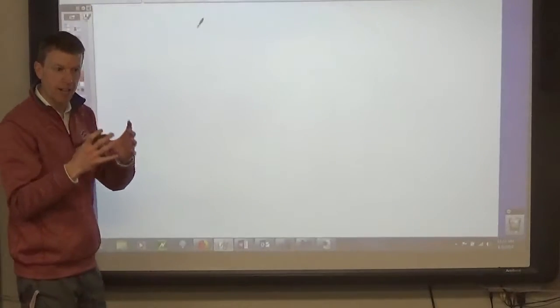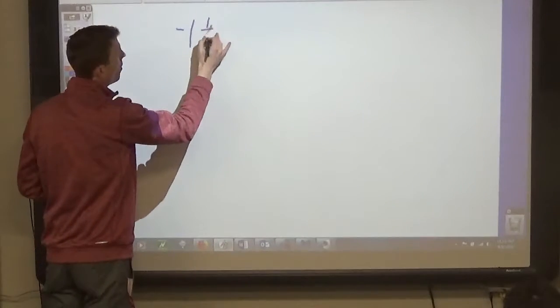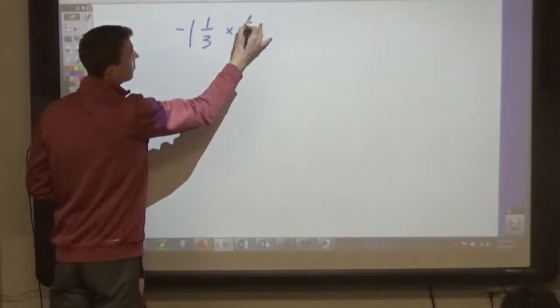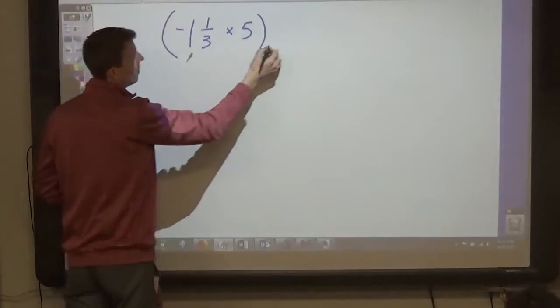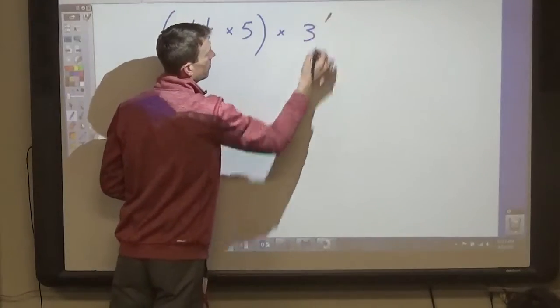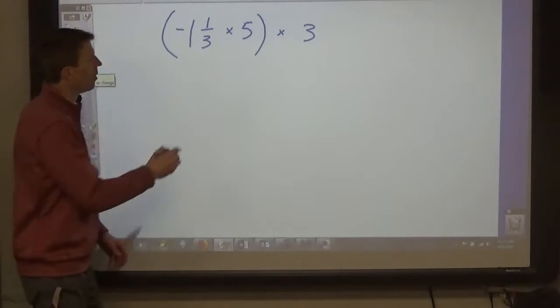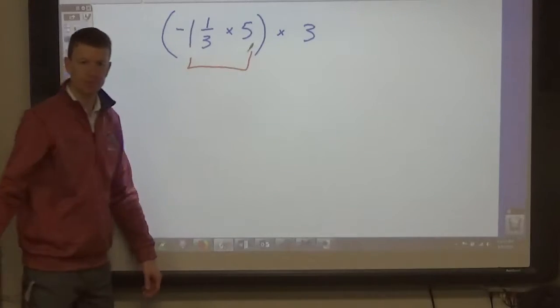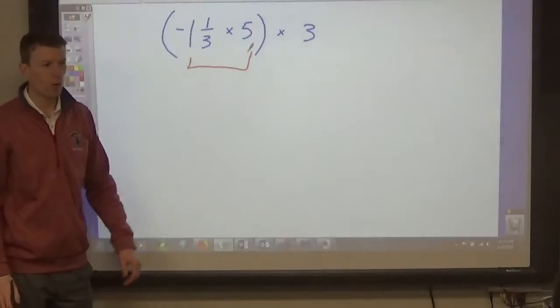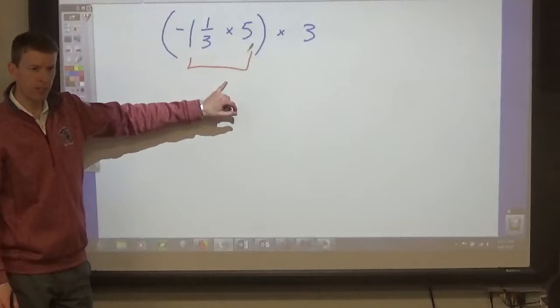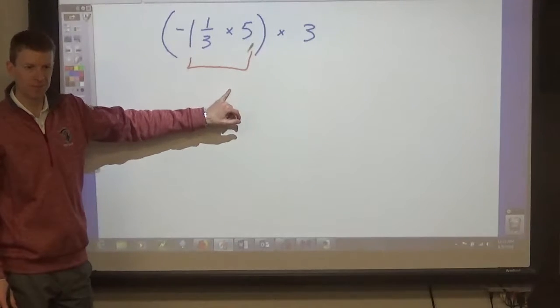So we can multiply two numbers together. Negative 1 1/3 times 5 times 3. Now, if we multiply these two together first, would we get a number with a fraction?